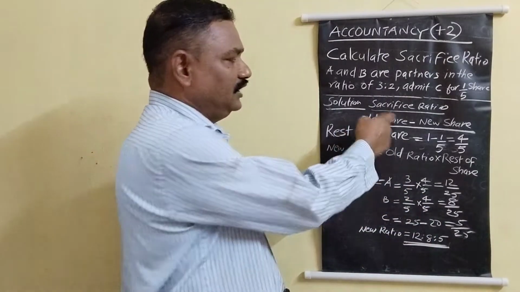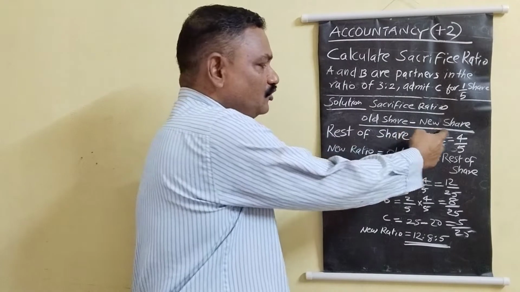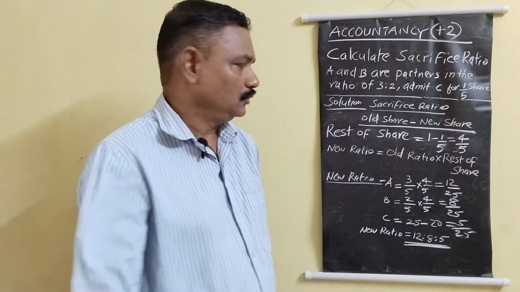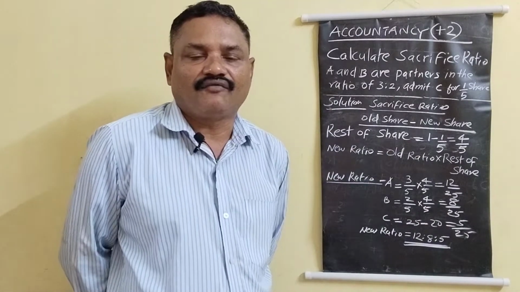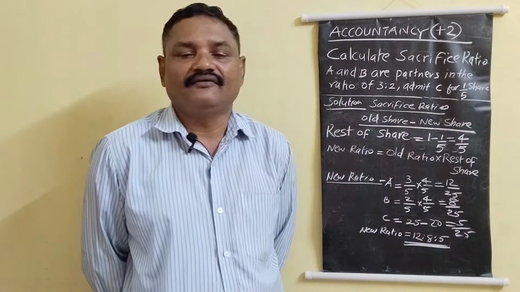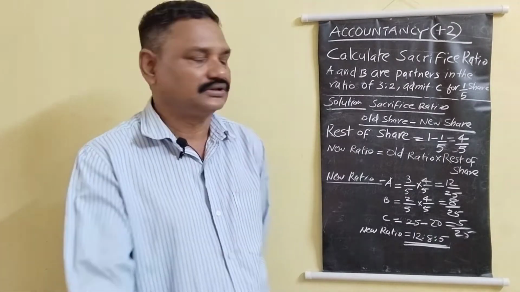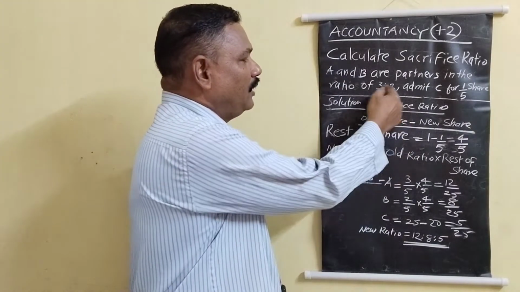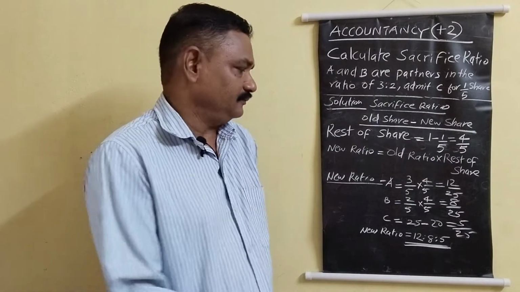See, solution. Sacrifice ratio is equal to old share minus new share. Here we have to find out the rest of share, because directly we cannot calculate the sacrifice ratio, as we are given one old ratio and the proportion of the new partner's share.